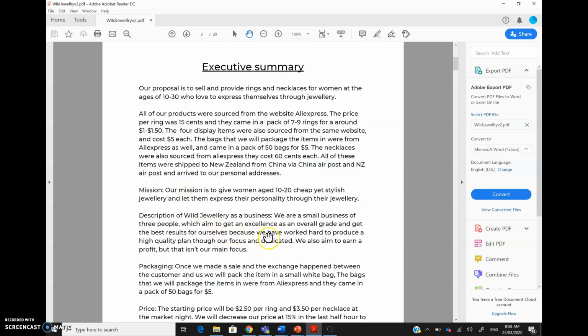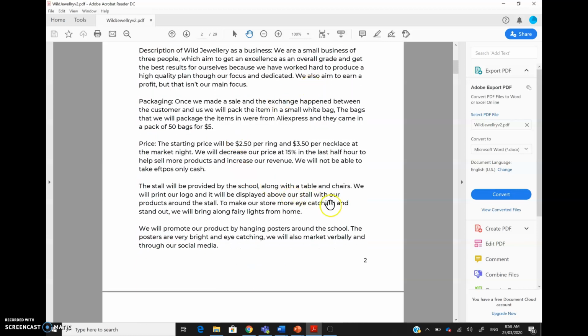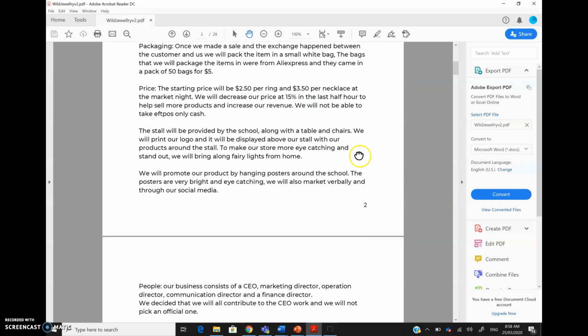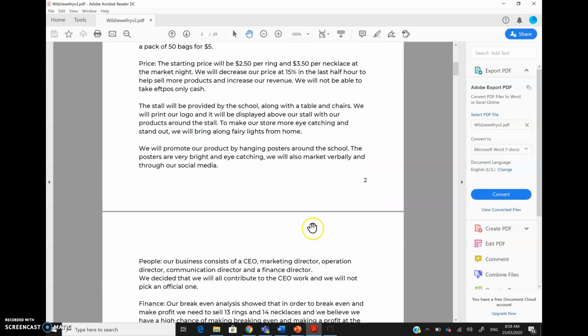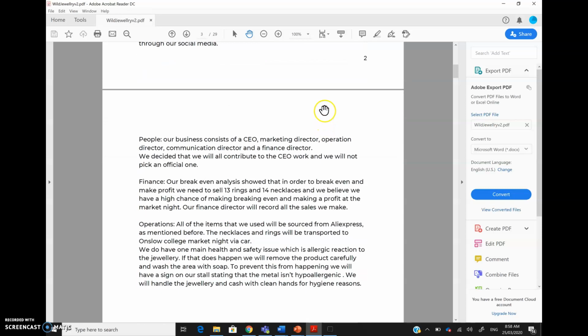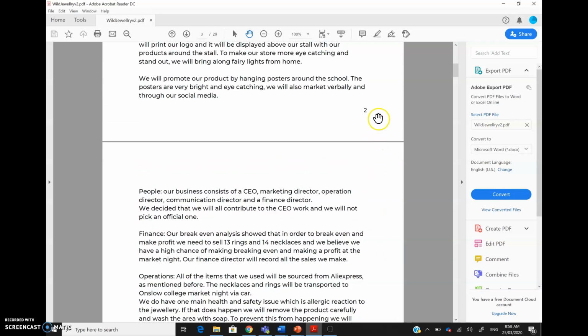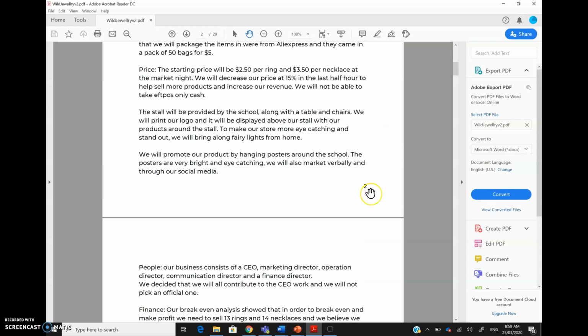Okay. So they're talking about the description of their business, how they're doing their packaging, their price, their store logo, okay. They're talking about how they're promoting it, the people in their business, the finance, operations, okay. So they're probably not strictly stuck to that whole idea of the departments, but that's a very brief overview, and that's not bad. And if I remember rightly, this one did score quite well.